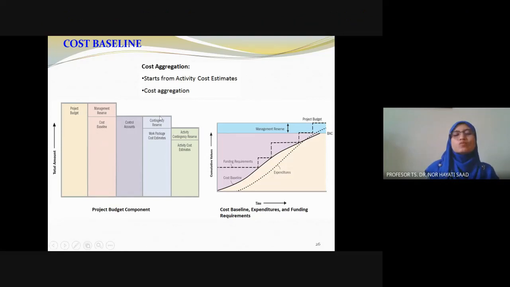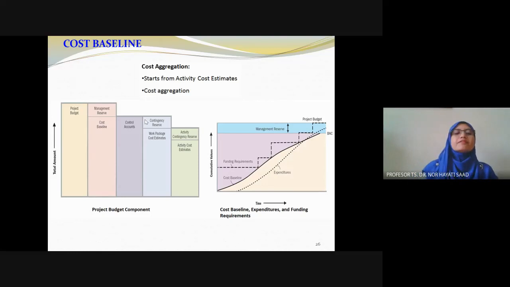After we put this double contingency reserve, we call it the cost baseline, up to this double contingency reserve. It is actually the control account. Based on this one, it is the cost which we want to authorize formally.